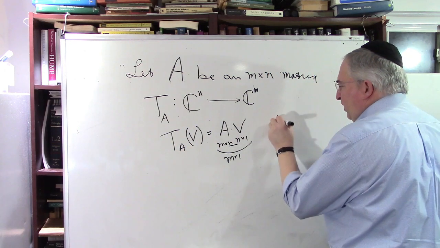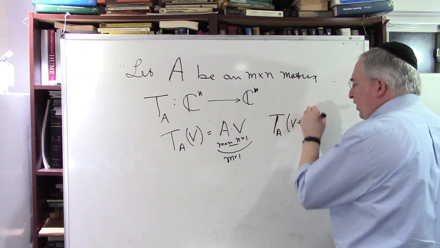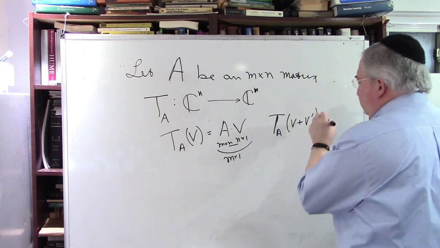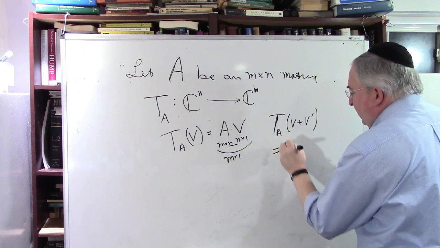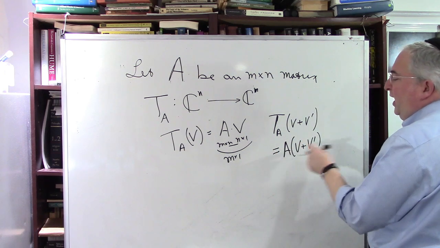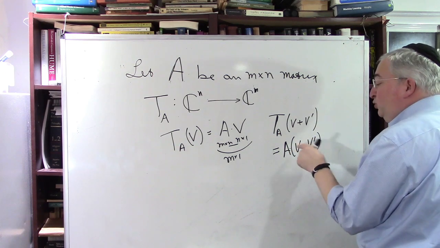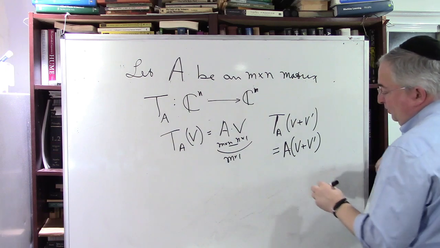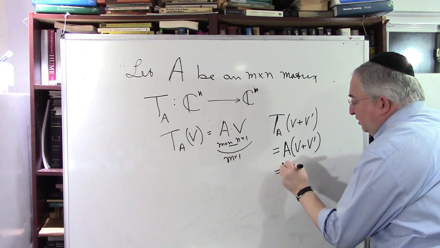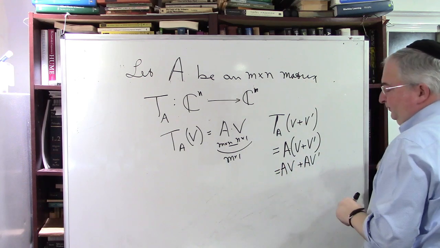We have as follows: T of A of V plus V prime. We have to show it respects the addition. So this is going to equal A times V plus V prime. In fact, this is matrix multiplication. Matrix multiplication distributes over addition. This is vector addition, and so this is equal to AV plus AV prime.